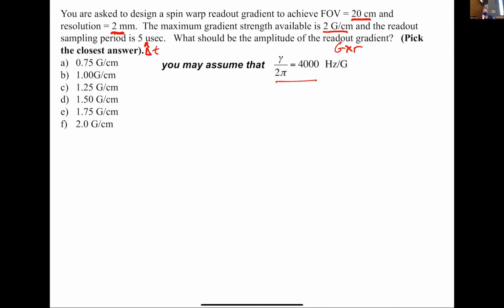Okay, so let's see what people think in class. On the count of three, just say as loudly as possible your favorite answers. So 1, 2, 3.